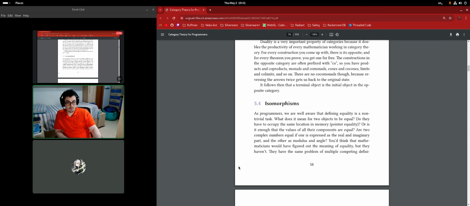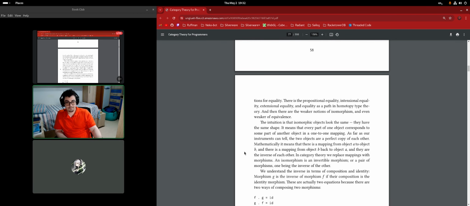And then we're going to go to isomorphism, right? Which is a very famous, very strong word to say. We started by talking about equality, which is still a very complicated issue even nowadays. How are we going to define it? Personally, I'm a big fan of operational equality, but that's kind of annoying to compute for functions. Well, when you mean operational, you mean the mapping between domain and codomain is the same?